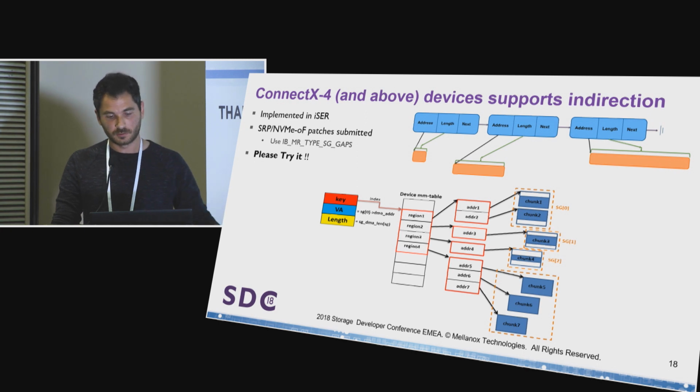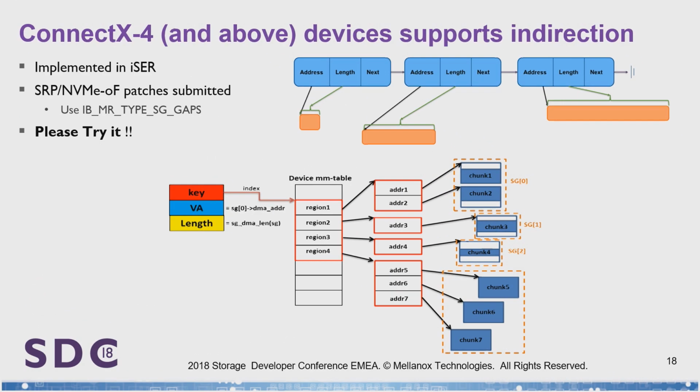You tell the hardware, don't give me an interrupt immediately, wait until you have enough work for me to process, or until some timer is triggered. The measurements that we did are amazing, and we get 2 million or 3 million more IOPS with this technique. The problem with this technique is the latency of a single I/O, right? Because if you have a single I/O, you will pay the timeout that will expire.